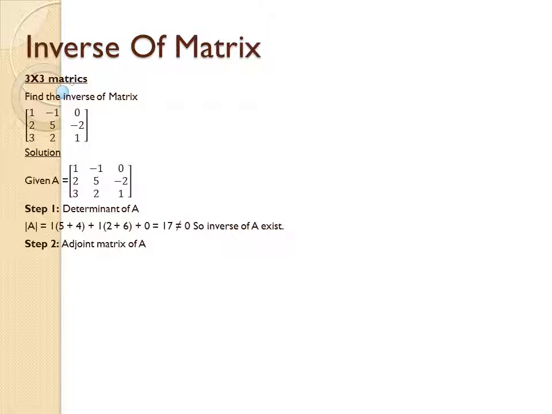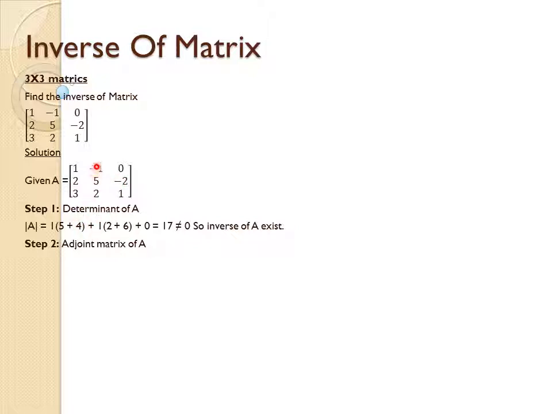Here the rule is 1 into these two terms, 5 into 1 minus 2 into minus 2, that is 5 plus 4, that is 9.